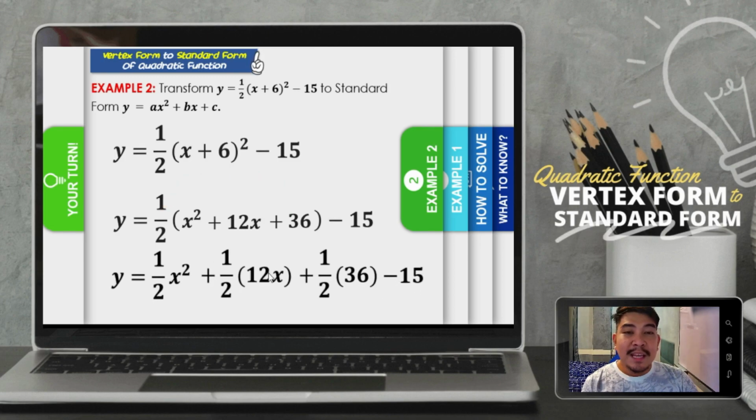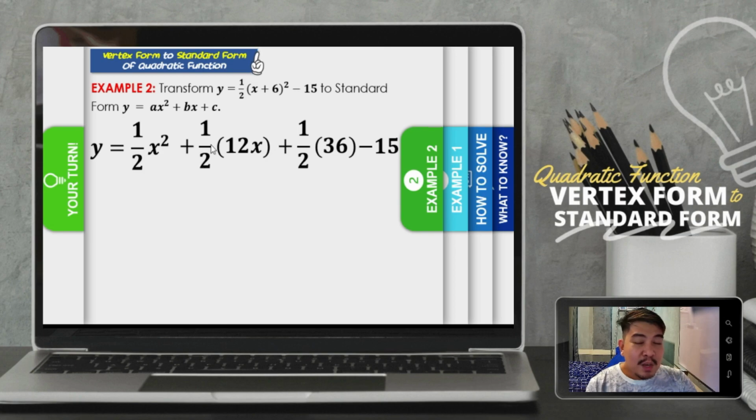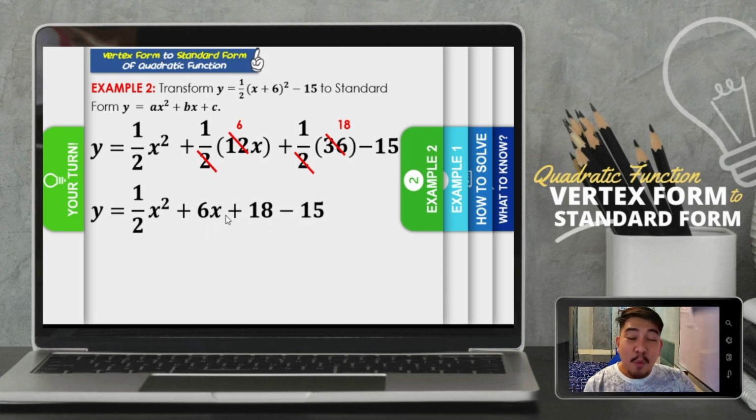If you can see, we can still simplify the terms. 1/2 times 12x, we can cancel 12 and 2. So 12 divided by 2 will give us 6. And same with 1/2 and then 36. 1/2 times 36, cancel 2 and 36, that will become 18. So therefore, we now have y is equal to 1/2 x squared plus 6x plus 18 minus 15.